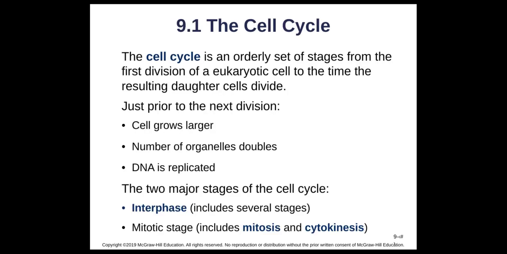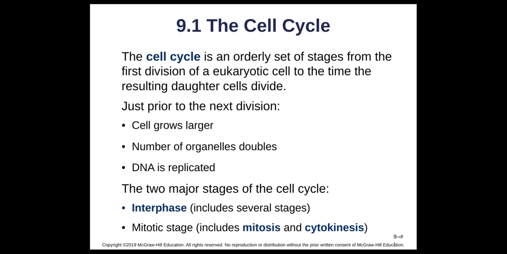So let's take a look at the cell cycle. The cell cycle is this set of orderly stages that a cell is going to go through from division, then through time, living its cell life, and then resulting in two new daughter cells. So two new cells.